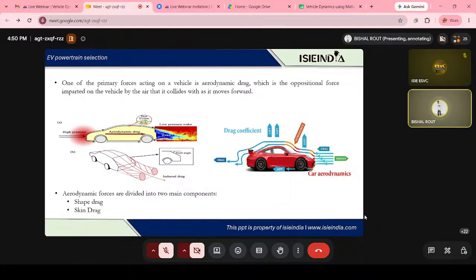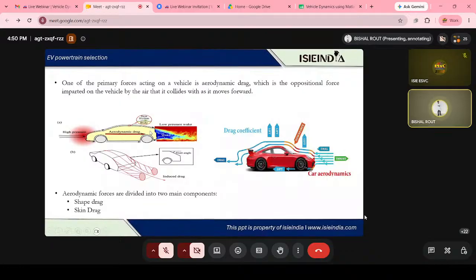That force is called aerodynamic drag force, because the air keeps contact with the vehicle body, takes the shape of the body, and then is removed from the external side. Why drag? Because the air is getting dragged along the body.